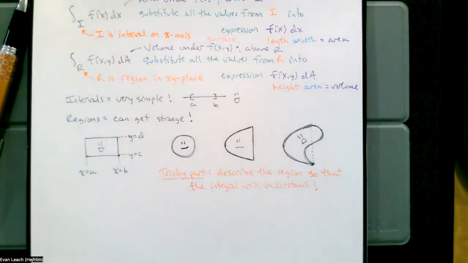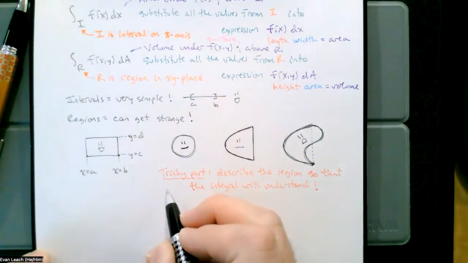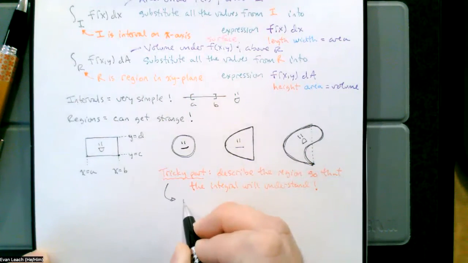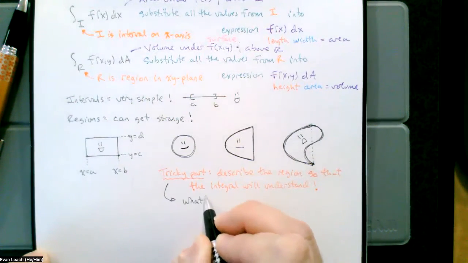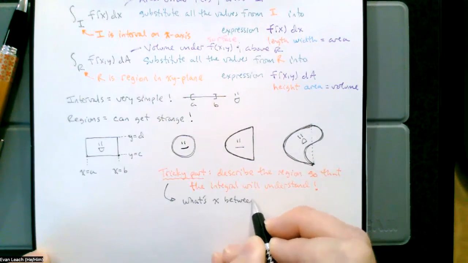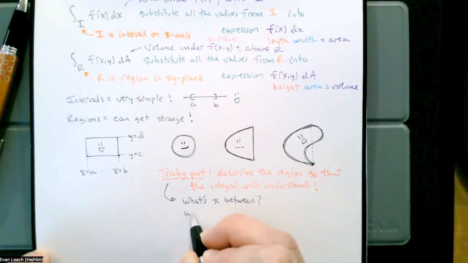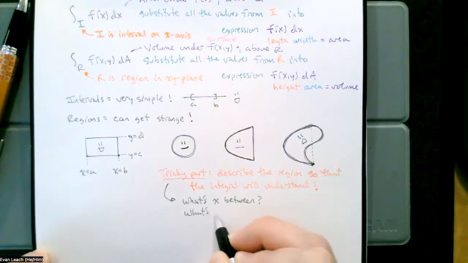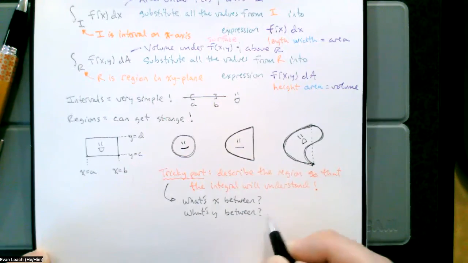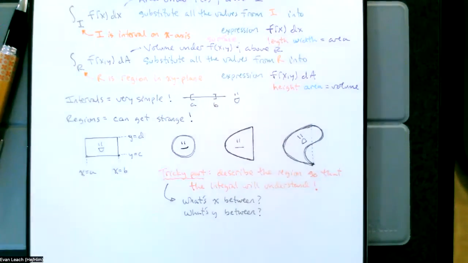That's the oversimplified version of what's going on. What's x between? What's y between?